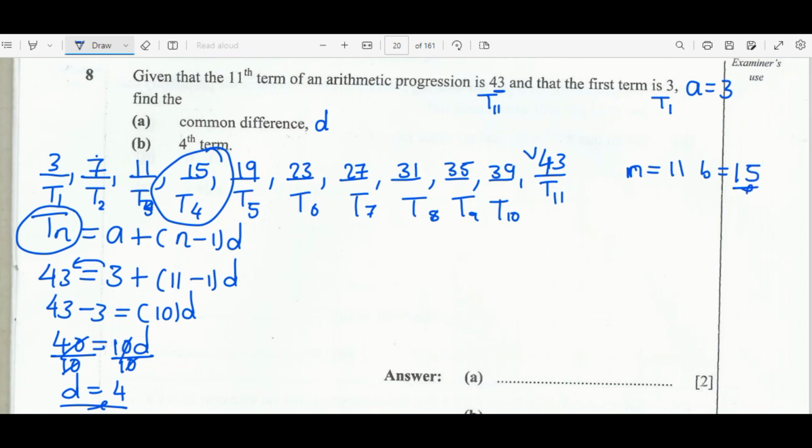If you want, you can use the formula. You can say Tn is equal to a plus n minus 1 times d. If we're looking for the 4th term, it means n is equal to 4.